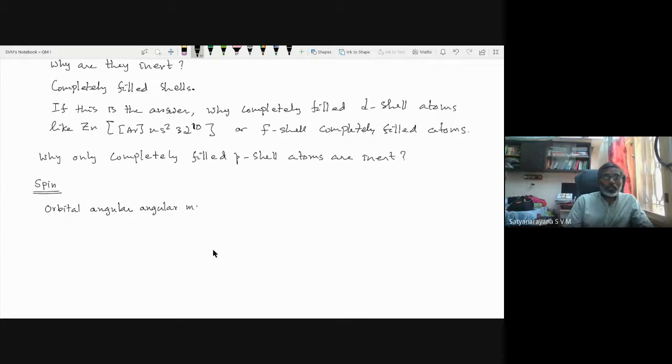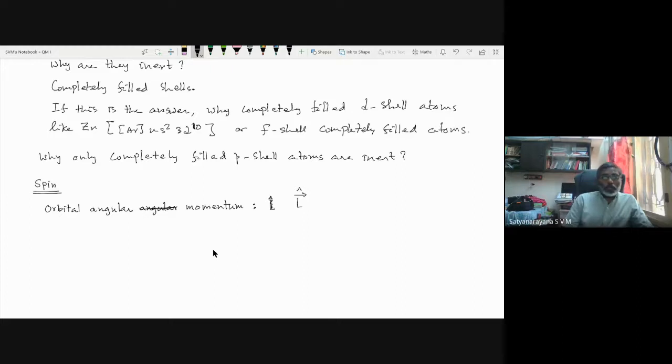So we called it L, and we have talked about it earlier. L is a vector, so maybe I represent it like this: L vector cap.